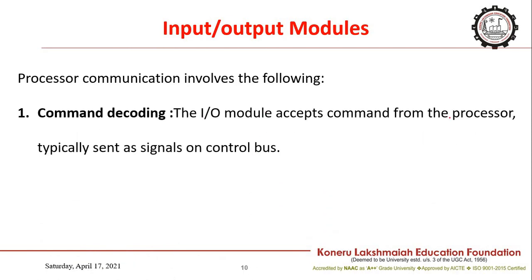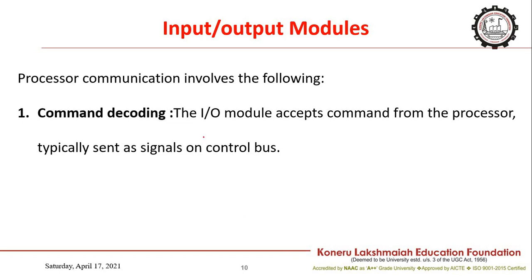Command decoding accepts the command from the processor and typically sends signals on a control bus. As we discussed in our earlier classes about buses, the control bus controls the IO unit, the processor unit, and the arithmetic and logical unit; it controls the whole computer so that our work is very easy.